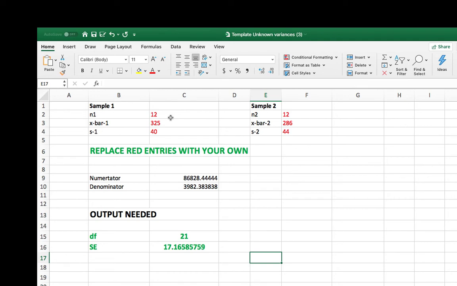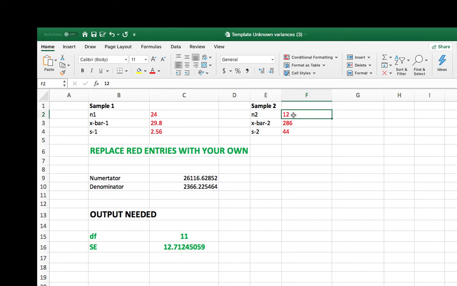So sample 1, we were told that the sample size was 24, the mean mileage was 29.8, and the standard deviation was 2.56. Now we do the same for sample 2.